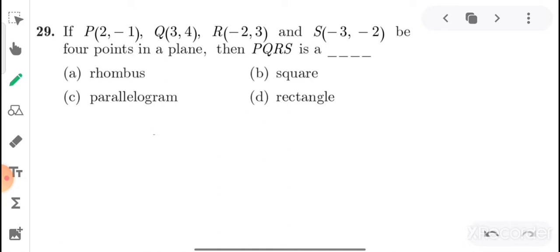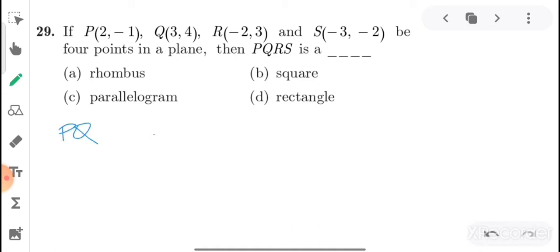4 points in a plane PQRS. We have to identify the geometrical shape. PQRS are given, so we have to find out the distances.